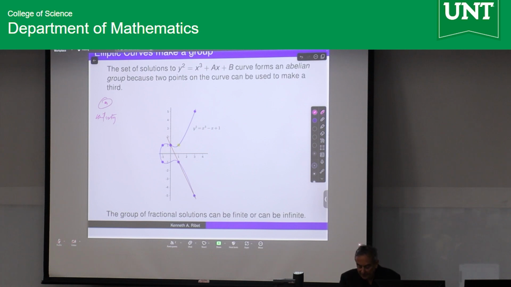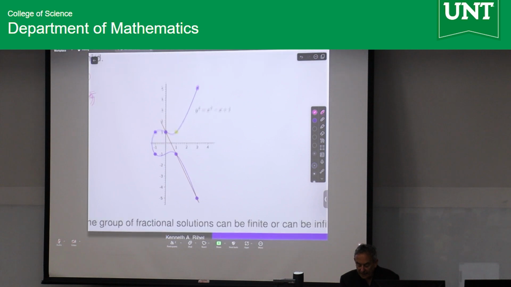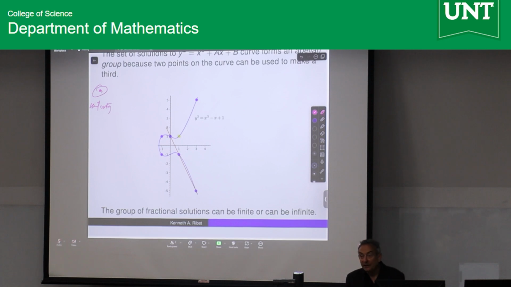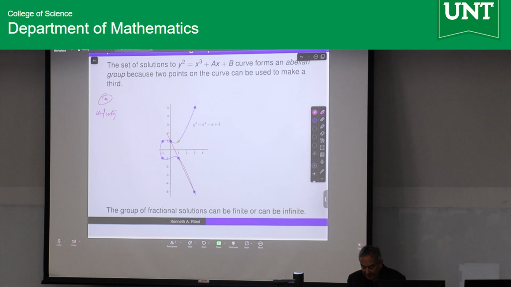If the elliptic curve has an equation where the coefficients are ordinary integers or even rational numbers, and if you start with 2 rational solutions x, y, then when you draw this line, you'll end up getting a third. That's a very elementary fact.